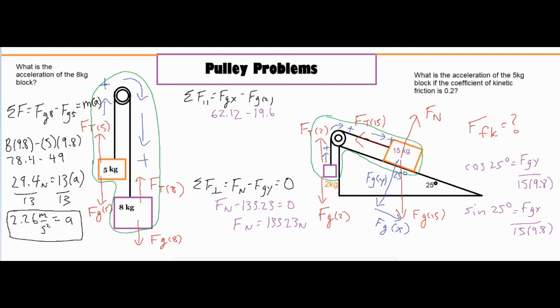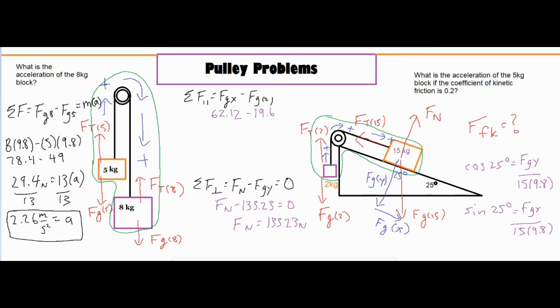All right, so I got 62.12 for my parallel component down the ramp, and then I have my negative component going up and around the bottom of the pulley resisting it, and that's only mass times the 9.8 of 2 kilograms, so 2 times 9.8 is 19.6.